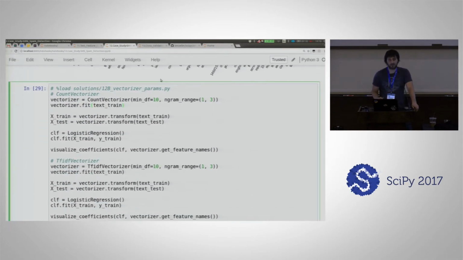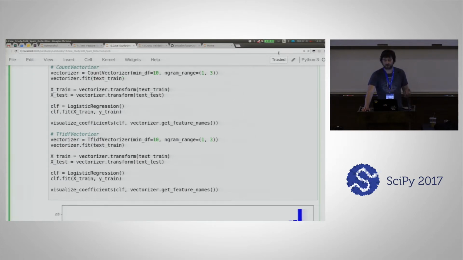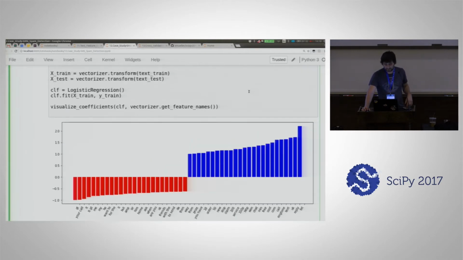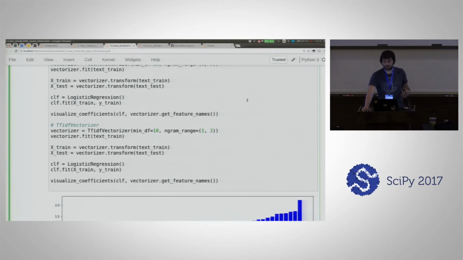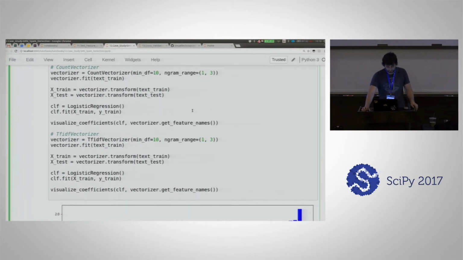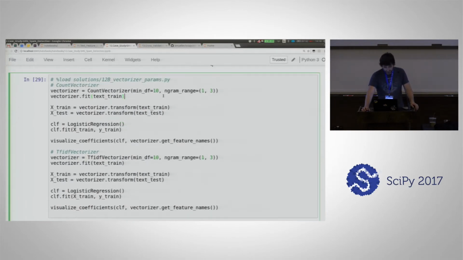So now let's see what happens if we change the min_df and n-gram range. I'm just going to run through one thing here. You can see for yourself how this changes the number of features, for example.